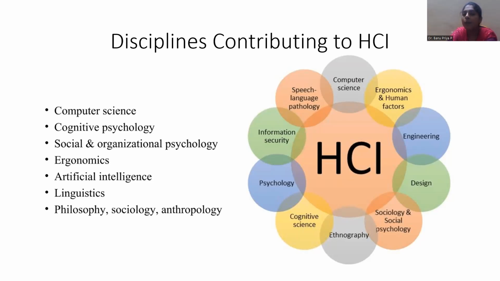So the disciplines contributing to HCI are cognitive science, basically psychology, physiology, social psychology, then ergonomics and human factors. And finally, mathematics and computer science based fields. That's why we call HCI a diverse, multidisciplinary field contributing towards the interaction between the user and the machine.